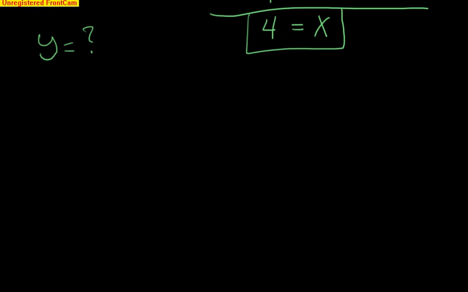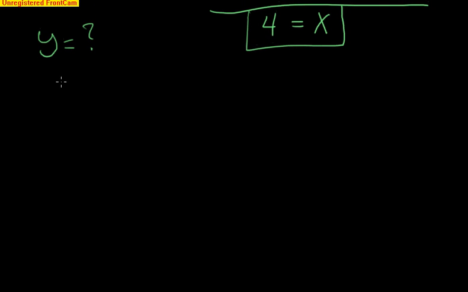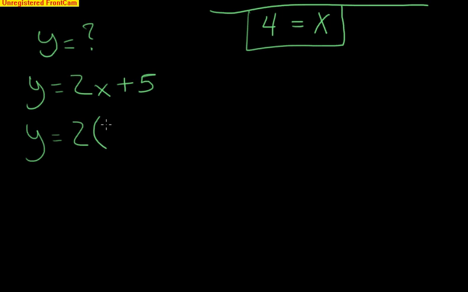So I come down here to my question, what does y equal? And I say y equals 2x plus 5. That's what y equals. Oh, look, I also know what x is. So now I know that y equals 2 times 4, right? Because 4 and x, same thing here.